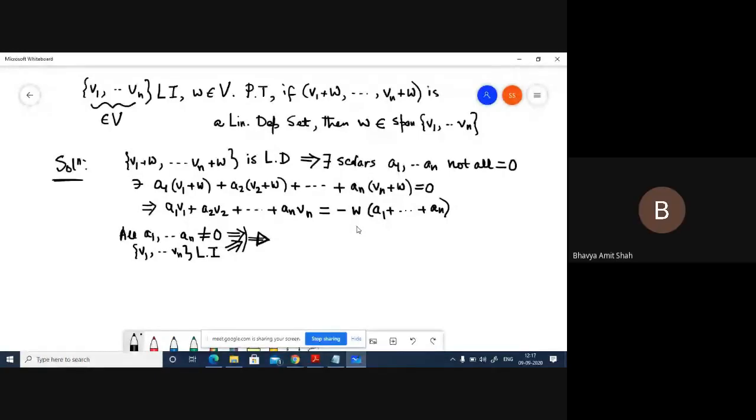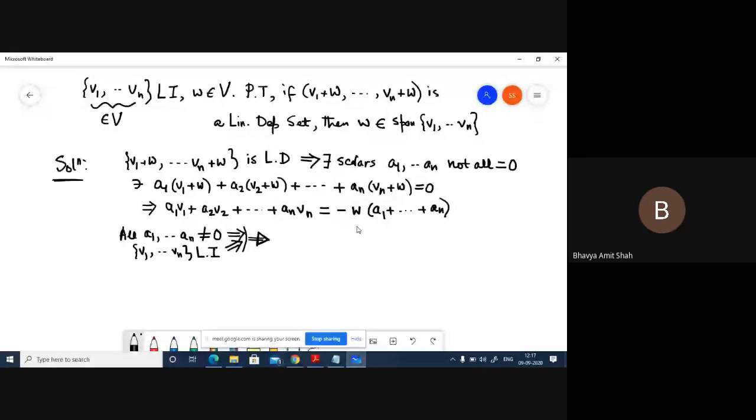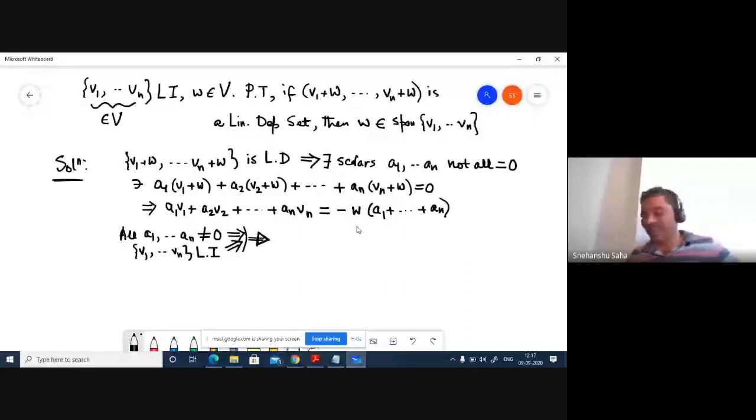Which means W is not zero. W is a non-trivial vector, right? Remember all of this cycle. Whenever I say that W is a vector in V, I mean a non-trivial vector. So W cannot be 0 anyway. So what must be 0?